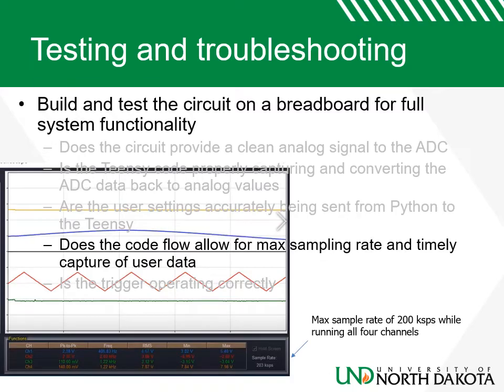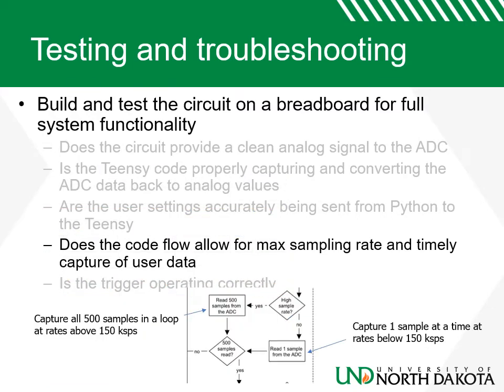Code flow between the Arduino code on the Teensy and the Python on the host computer was important to make sure we got a max sampling rate for all 4 channels, and also timely capture of user data. So here's a little screenshot of getting a 200 kilosample rate for all 4 channels.